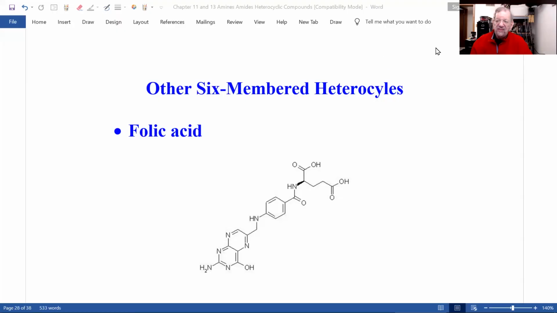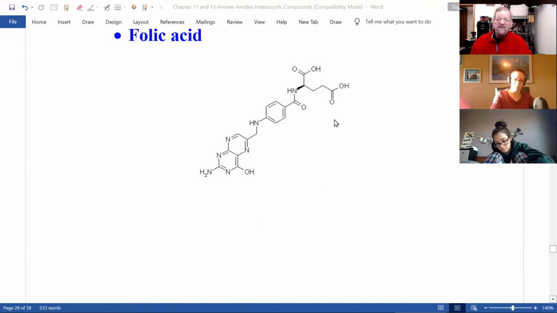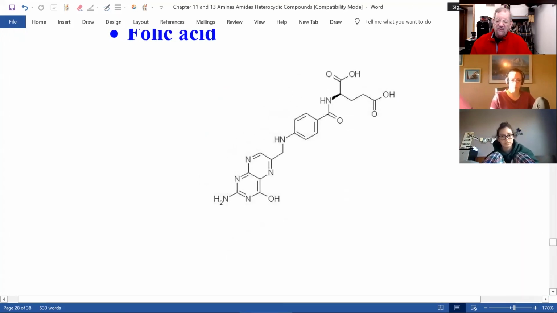When we talk about heterocyclic compounds, a very important one is this molecule. How many of you have heard you need folic acid to keep yourself healthy and strong, especially young children and pregnant women, which I am neither, but I still try and get my folic acid. Now, why is it called folic acid?